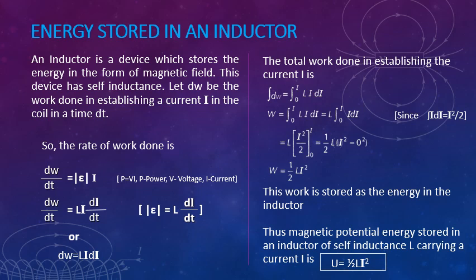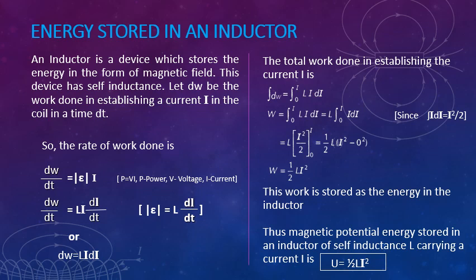This work done is stored as magnetic potential energy. Let dW be the work done in establishing a current I in the coil in a time dt. So, the rate of work done is given by dW by dt is equal to E into I, which is same as the equation P is equal to VI. Power is equal to voltage into current.